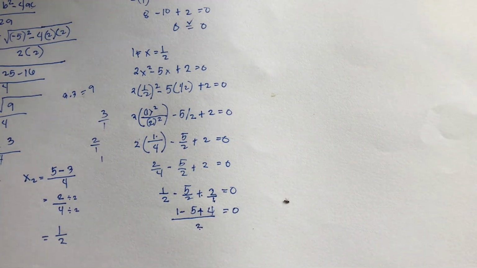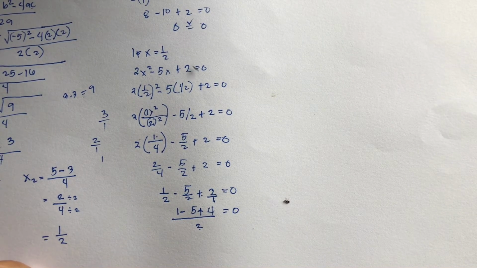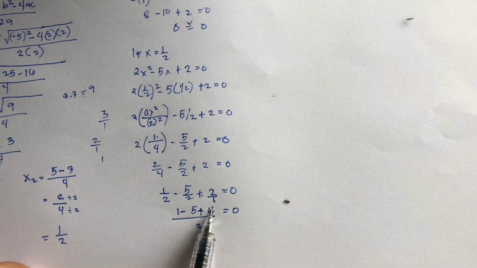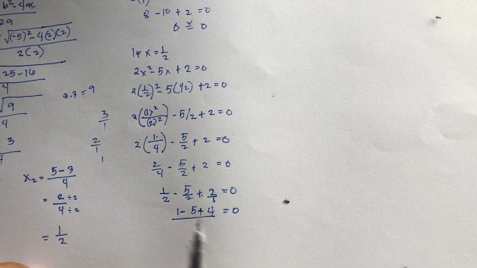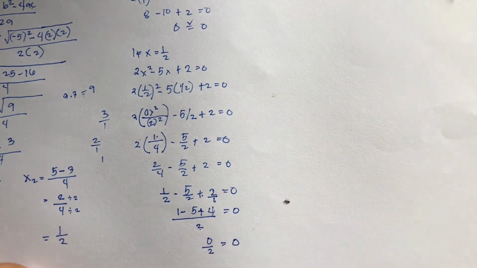Okay. So, the rule is to combine first the terms with the same sign. Since 1 and 4 have the same sign, we combine them first. 1 plus 4, that's 5, minus 5, that's 0 over 2, equals 0.